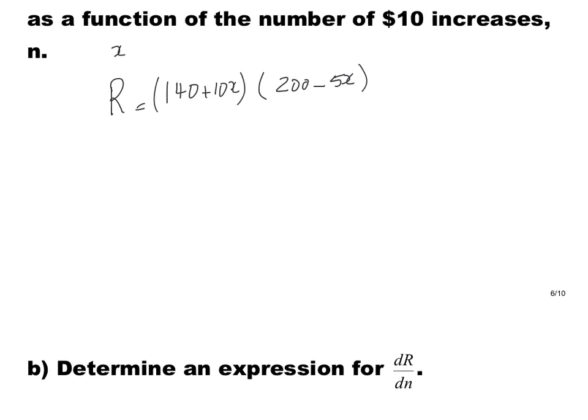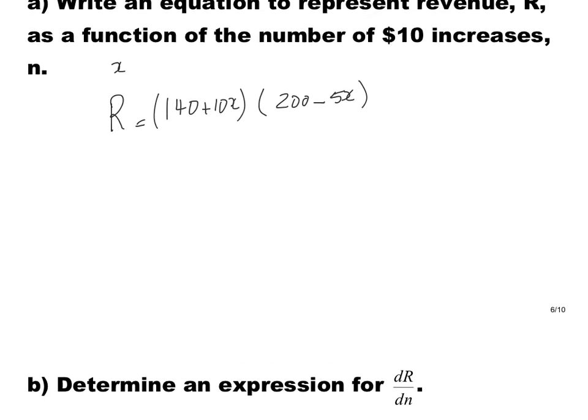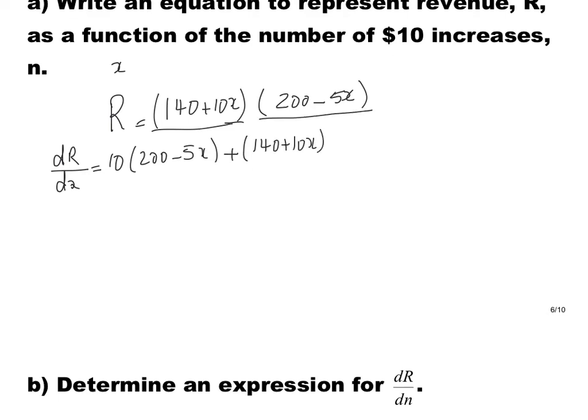Going back to our revenue function, R prime or dR over dx becomes the derivative of this 140 plus 10x, which is 10 times 200 minus 5x, plus 140 plus 10x times the derivative of the second function, which is negative 5.